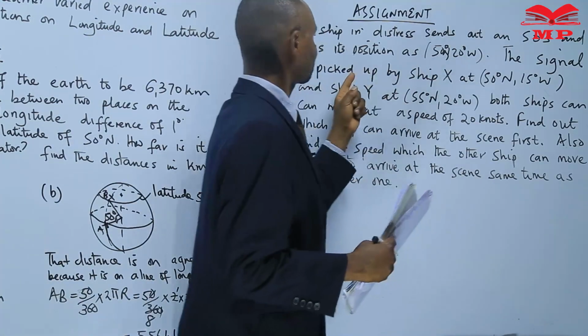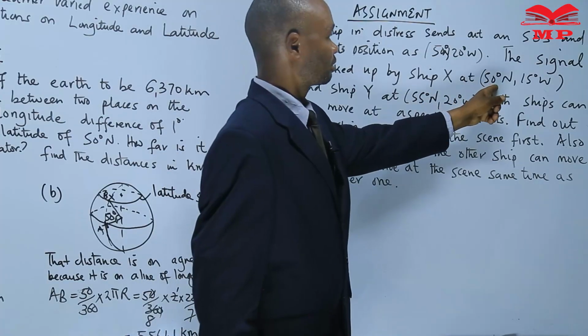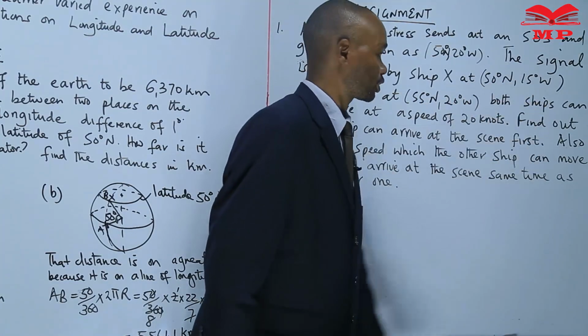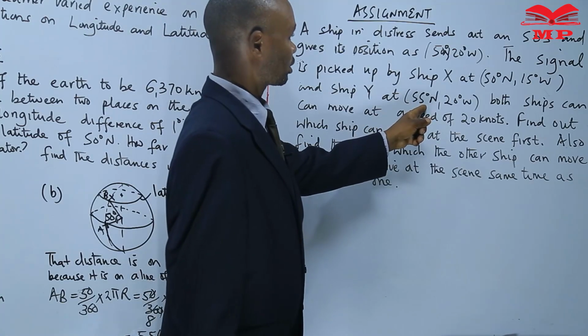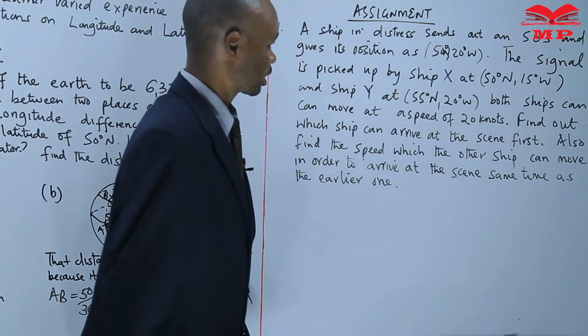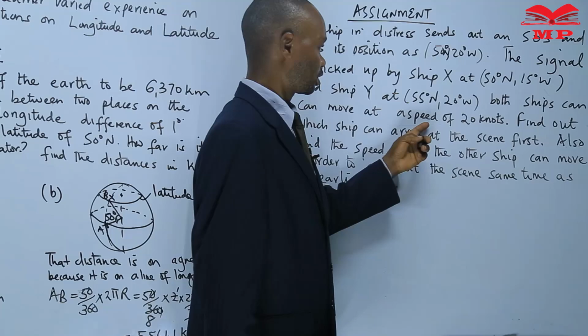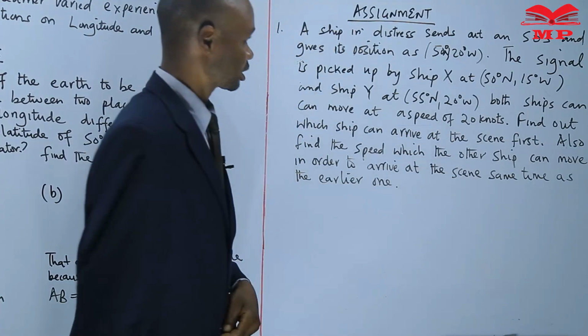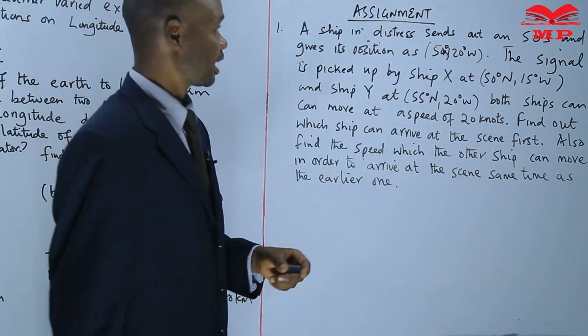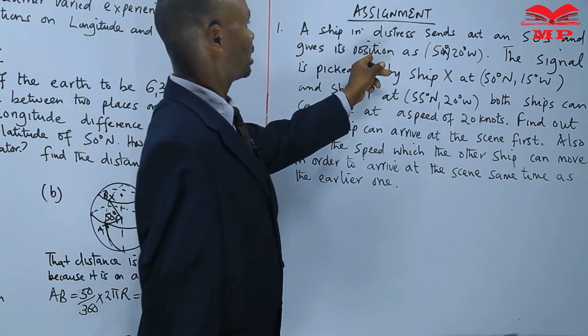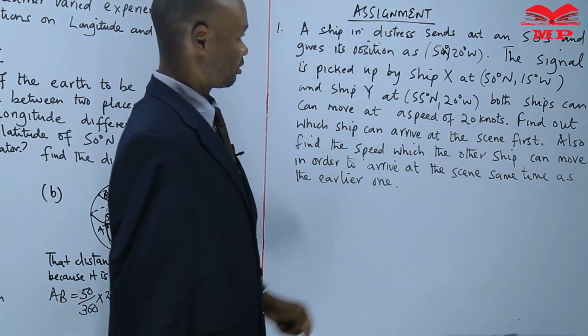The signal is picked by a ship X at 50 degrees north, 15 degrees west, and a ship Y at 55 degrees north and 20 degrees west. Both ships can move at 20 knots, 20 nautical miles per hour. Find out which ship can arrive at the scene first. The scene is where the other ship has a problem.